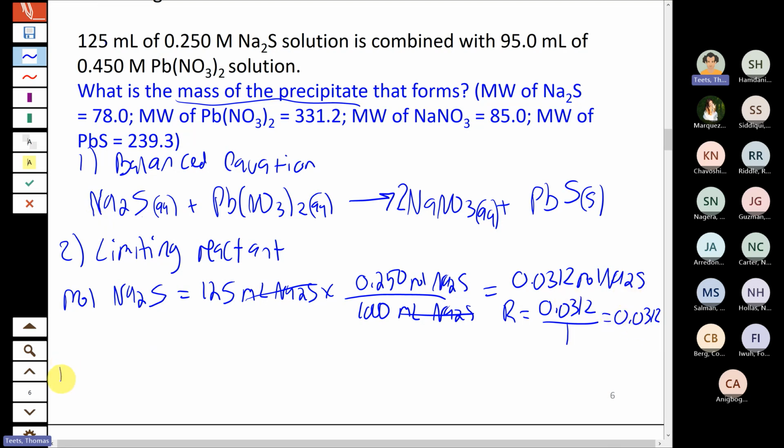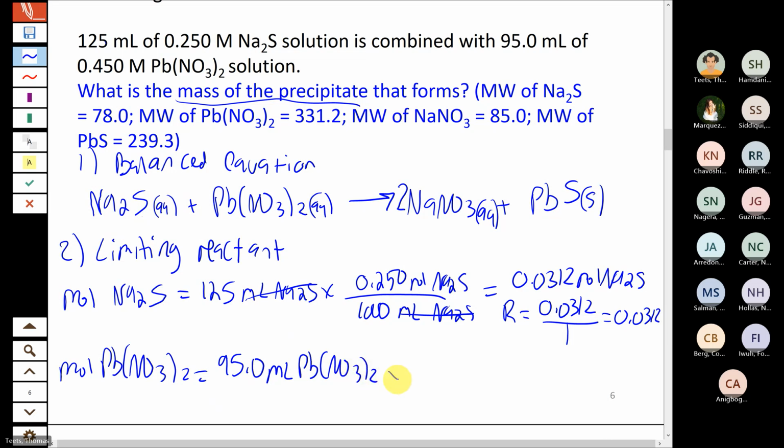We have to do the same thing for lead nitrate. Calculate the number of moles and then divide by the coefficient. This step is not a total waste of time because we do need the number of moles later on to start the stoichiometry problem, but we have to do it for both reactants in this case because there are 2 of them. So we have 95.0 milliliters of that solution. And then we have 0.450 as the molarity, so that's 0.450 moles of that compound in 1,000 milliliters.